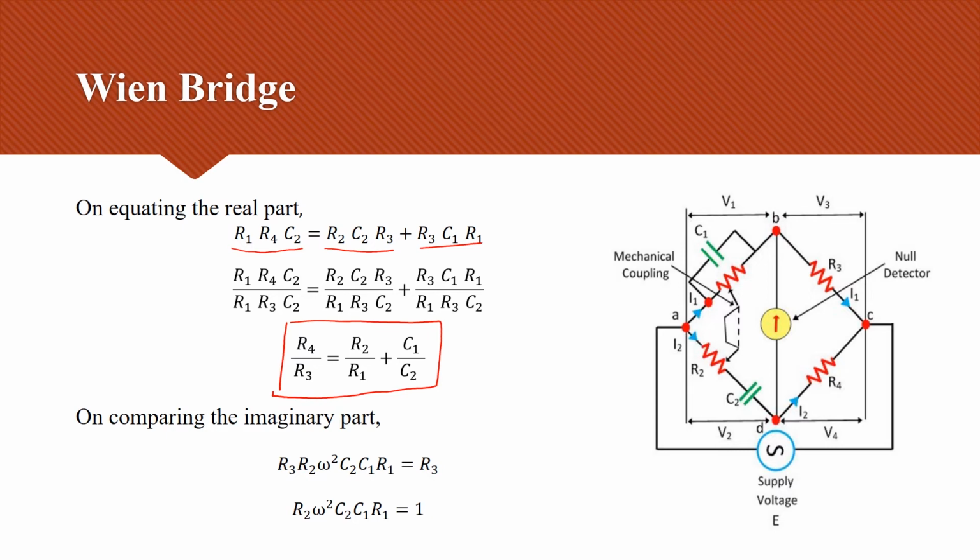Now when we compare the imaginary part, we get R2 omega square C2 C1 R1 is equal to 1.